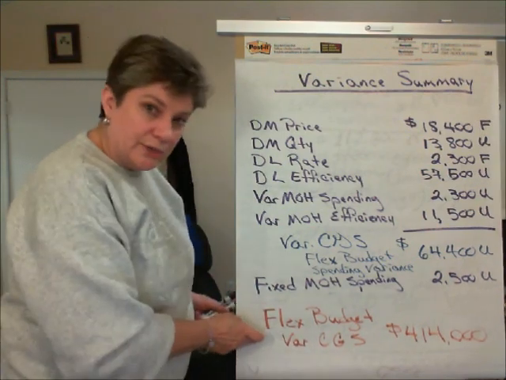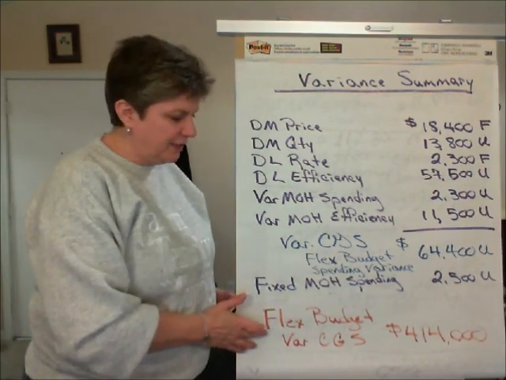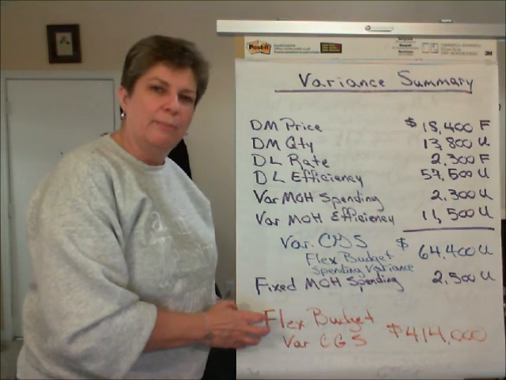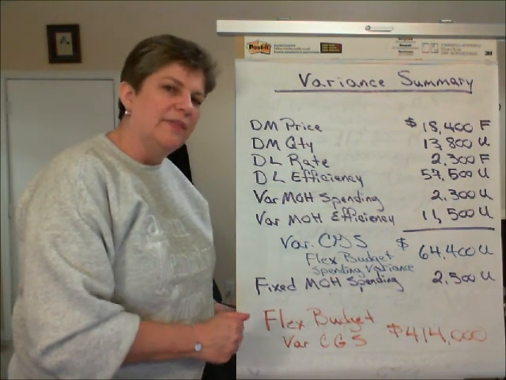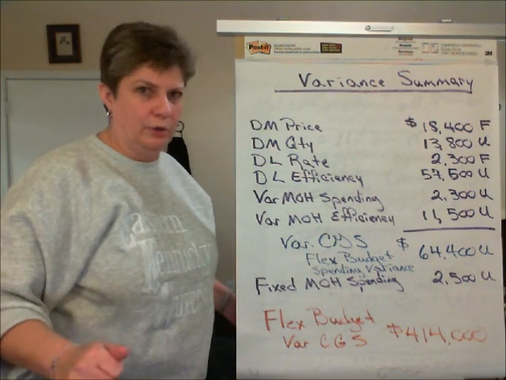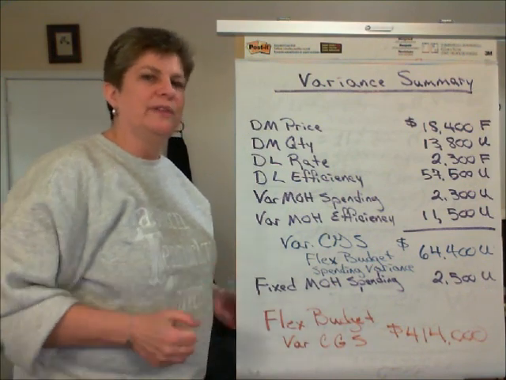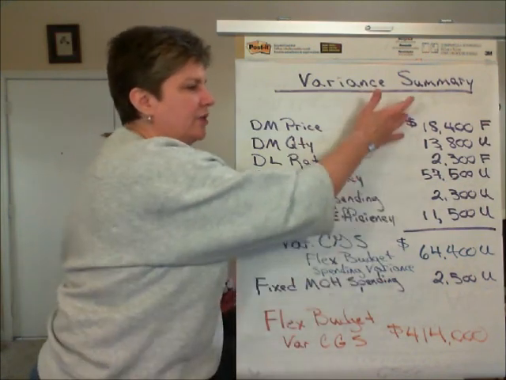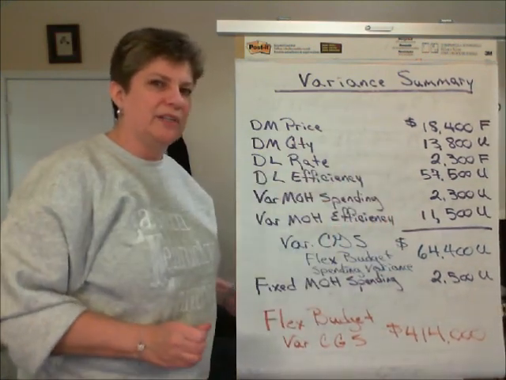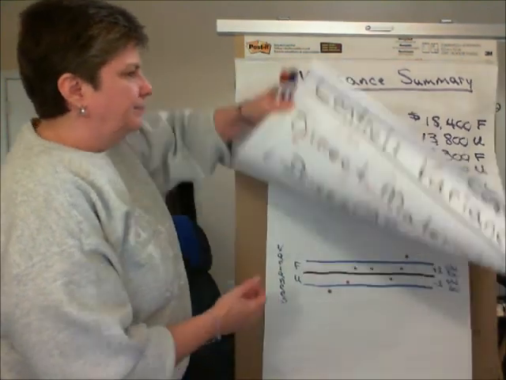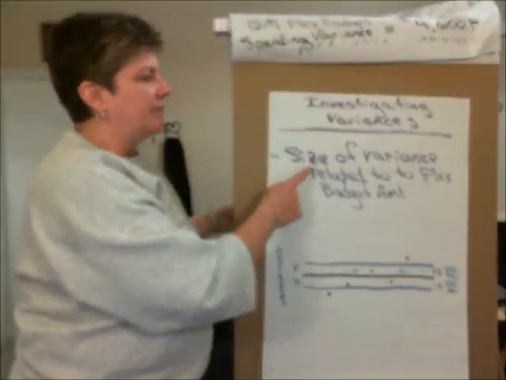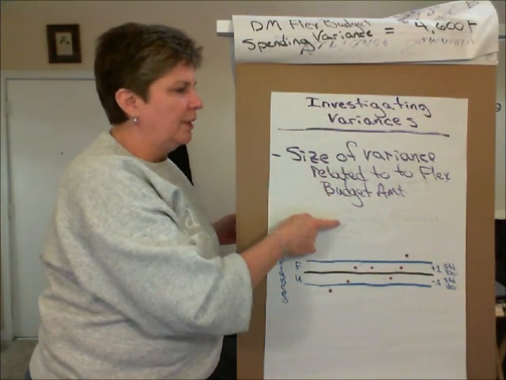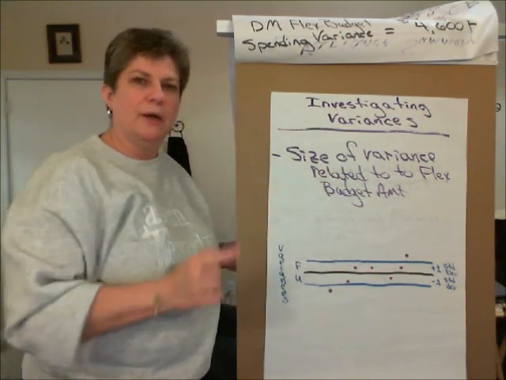Now, you'll also notice that down here I've listed the flexible budget variable cost of goods sold, the amount of cost of goods sold that we should have incurred for 23,000 units produced. One way of deciding which of these variances should be investigated is simply to look at the size of the variance related to the flex budget amount.